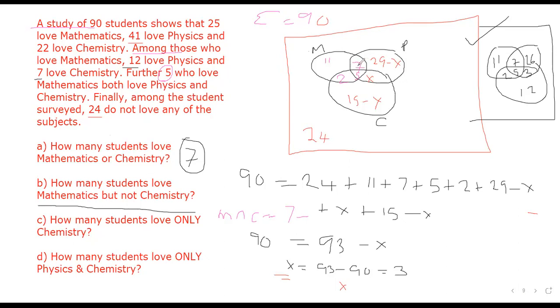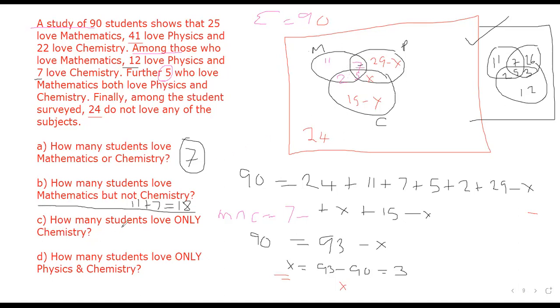This is 7. 7 plus 7 is 18, right? Oh, okay, you mean add the 7? We love mathematics but don't love chemistry, so all this one loves mathematics. Oh, okay.